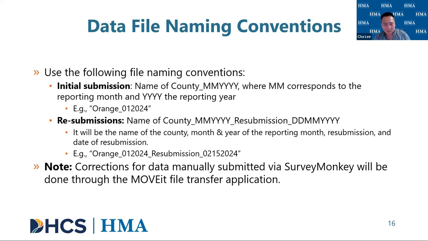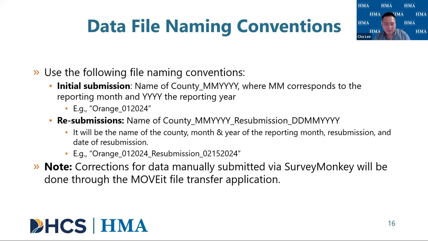County names with spaces, they can choose to include a space or not. So as an example right here, Orange County, if they submit data for January 2024, all they have to do is put their name and then underscore and then January and 2024. So that will be for the initial submission.